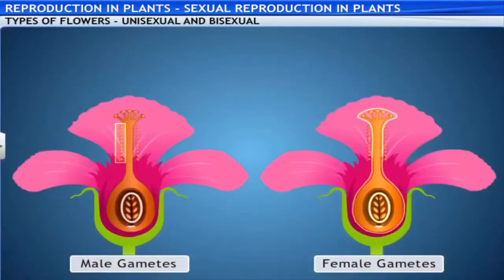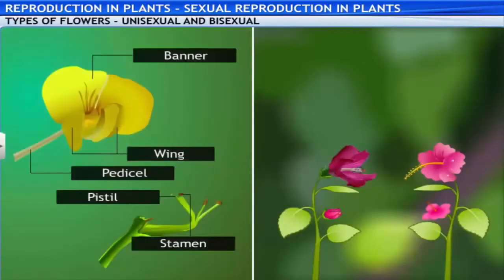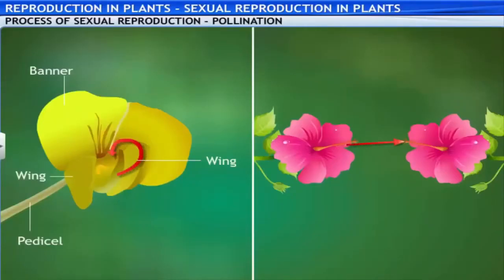In plants, during sexual reproduction, the male gamete fuses with a female gamete. Let's find out how this takes place when the stamen and the pistil are not close to each other. The pollen grains from the stamen need to fall on the stigma for sexual reproduction to take place.